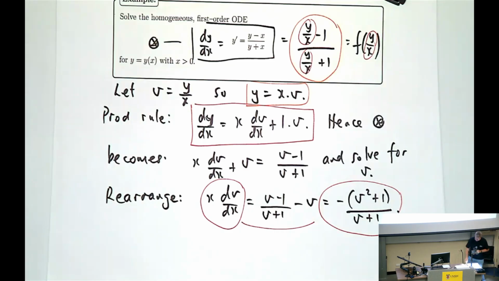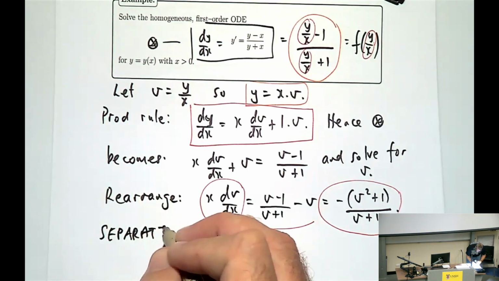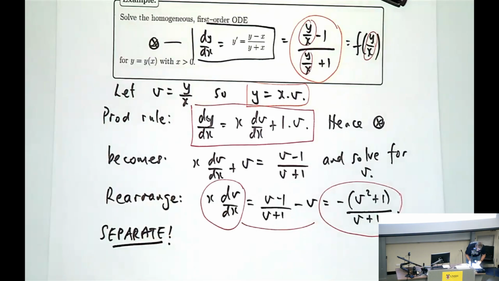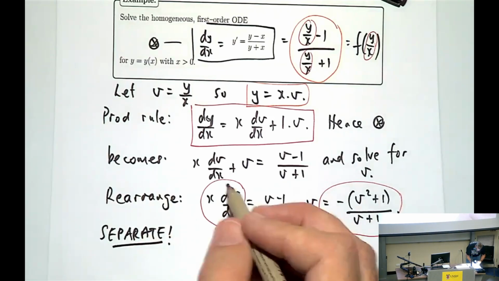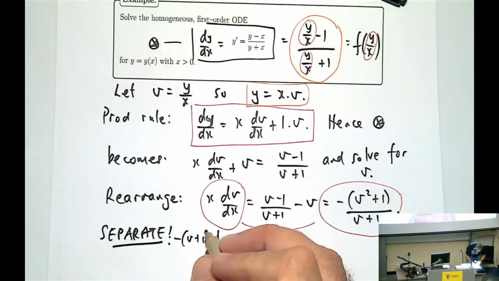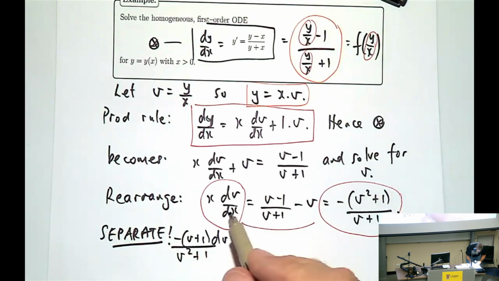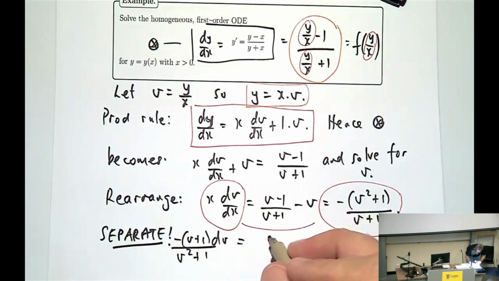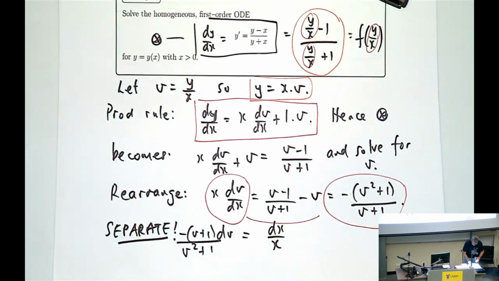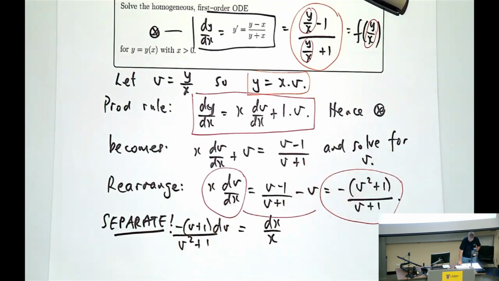So let's separate the variables, so that the v's will come to this side, and the x and dx's will come to the other side. So that's going over there, that's going down there, and that's going up there.